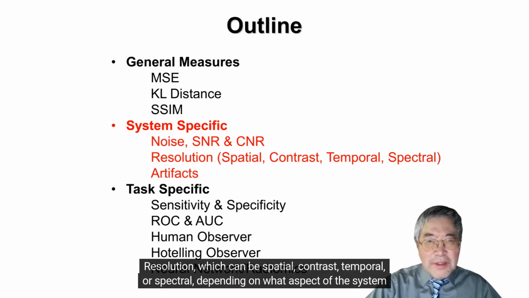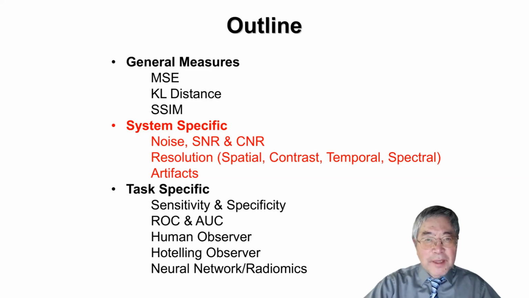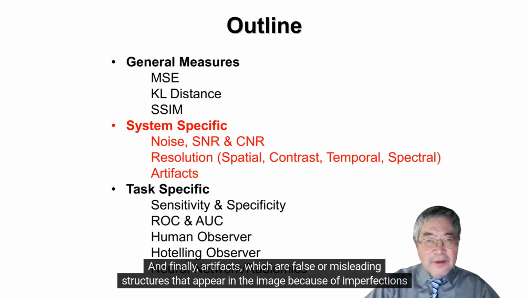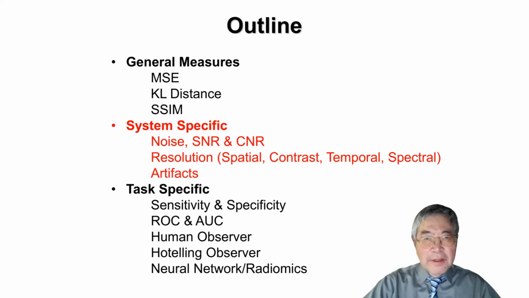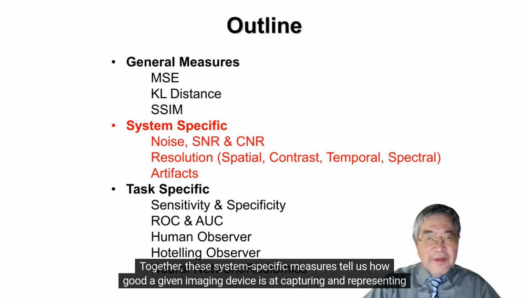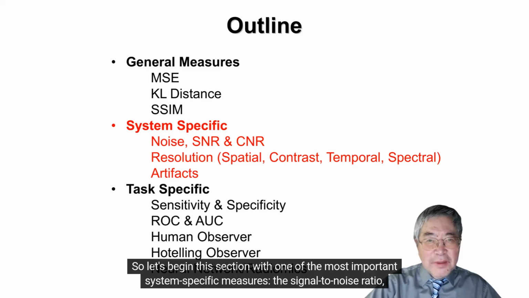Resolution, which can be spatial, contrast, temporal, or spectral, depending on what aspect of the system we are evaluating. And finally, artifacts, which are false or misleading structures that appear in the image because of imperfections in the imaging process. Together, these system-specific measures tell us how good a given imaging device is at capturing and representing reality. So let's begin this section with one of the most important system-specific measures, the signal-to-noise ratio, or SNR.